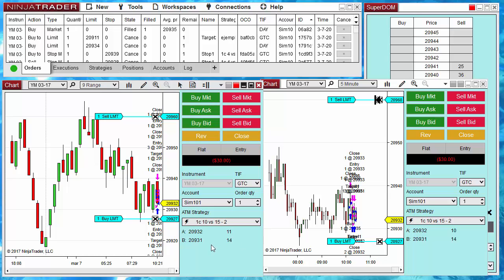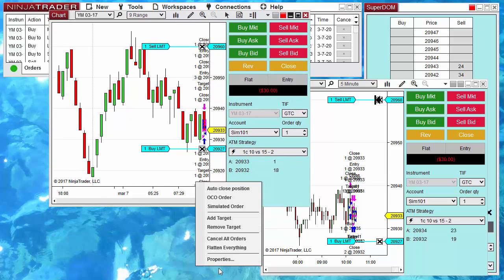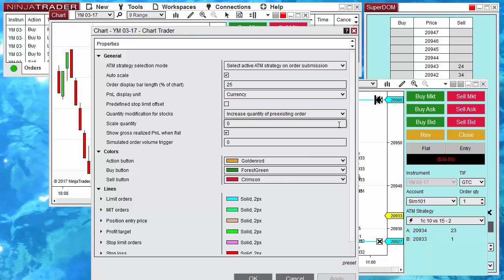If we want to see only one trade at a time, we can go to the properties of ChartTrader. And here we can see that the default option is to select the last ATM used each time we execute an order.